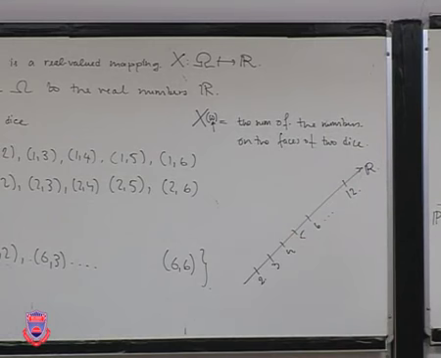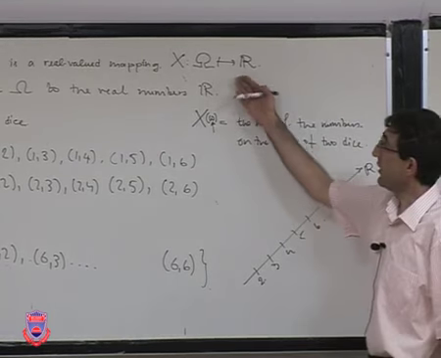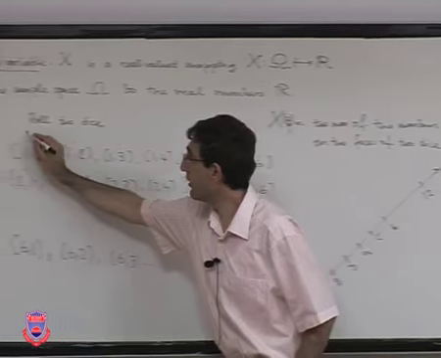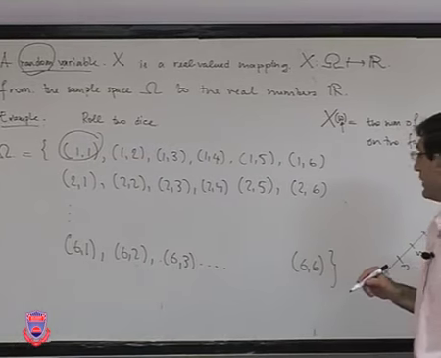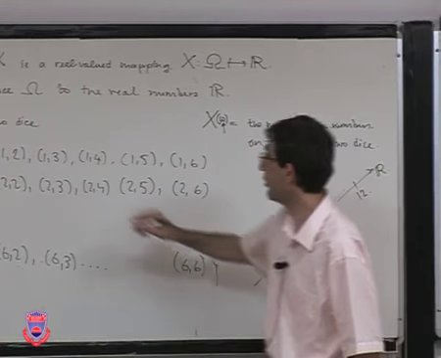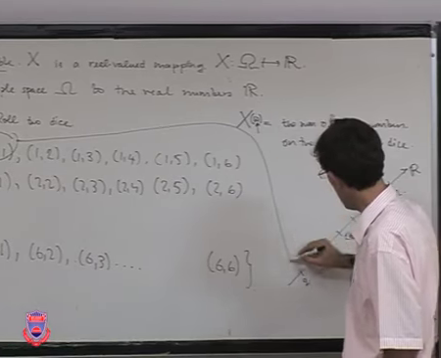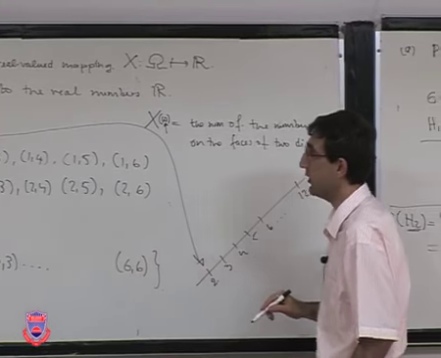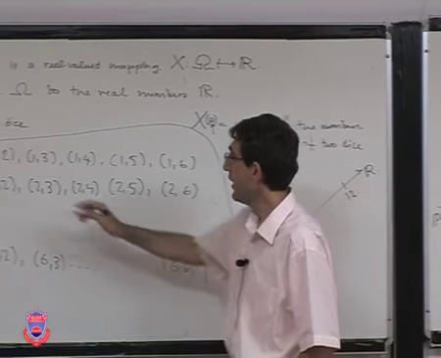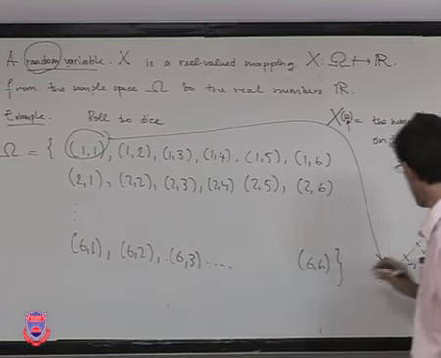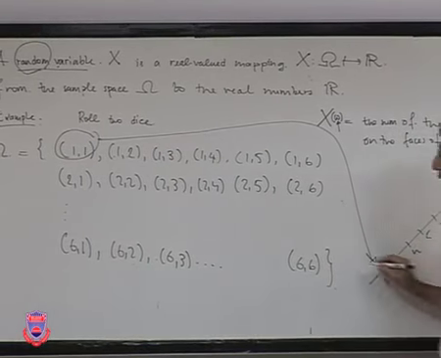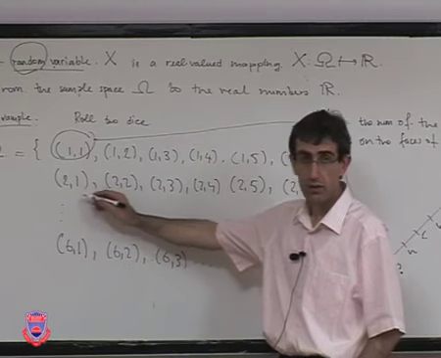And X then, if it is just a mapping, what is it going to be? If omega turns out to be this, it is going to be mapped to 2. X is going to map these two things. If it is (1,2), it is going to be mapped to 3. And if it's (2,1), it is the same.